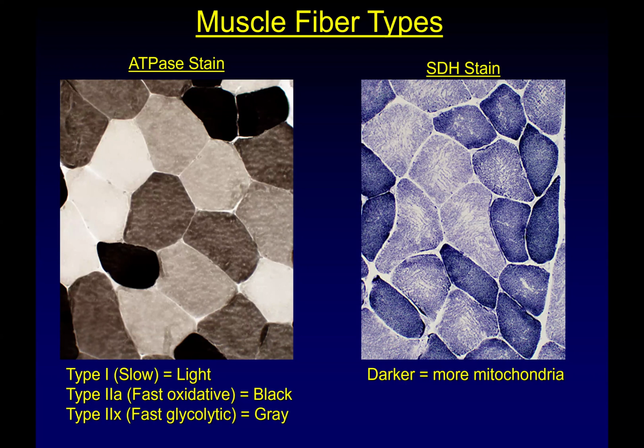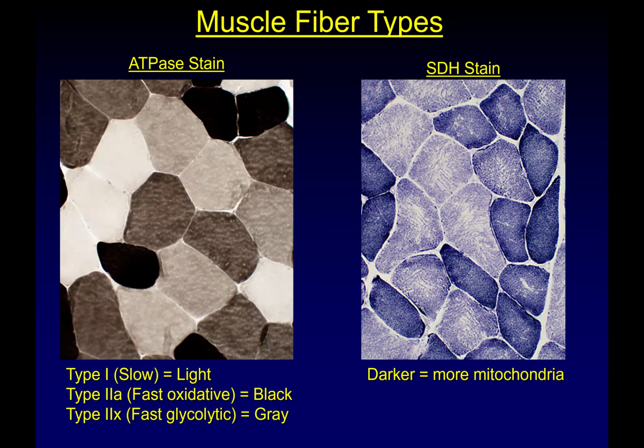On the right would be doing the same kind of thing, but we're actually staining for an enzyme from the Krebs cycle, succinate dehydrogenase. The ones that stain darker have more SDH enzymes, so they've got more mitochondria. You would do these two things side by side.